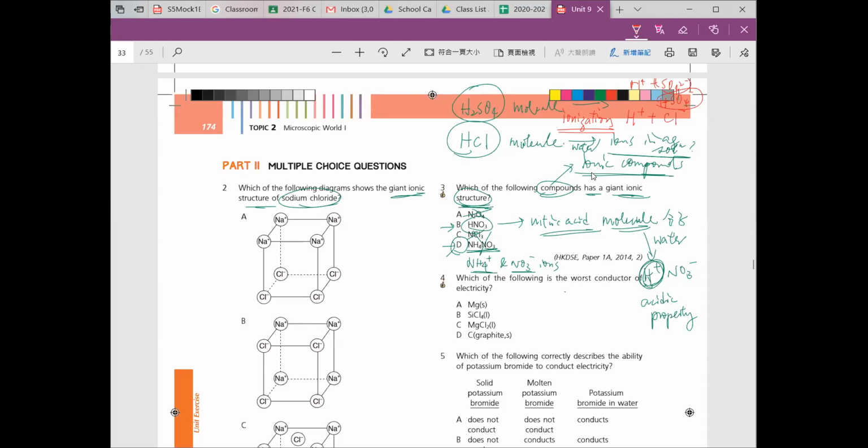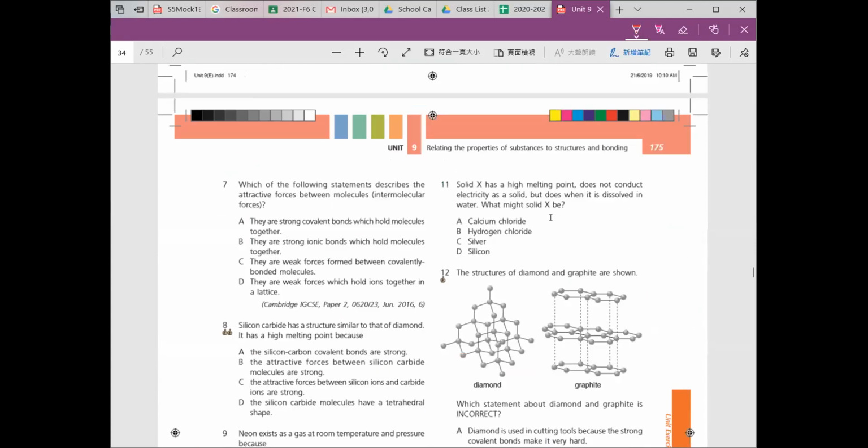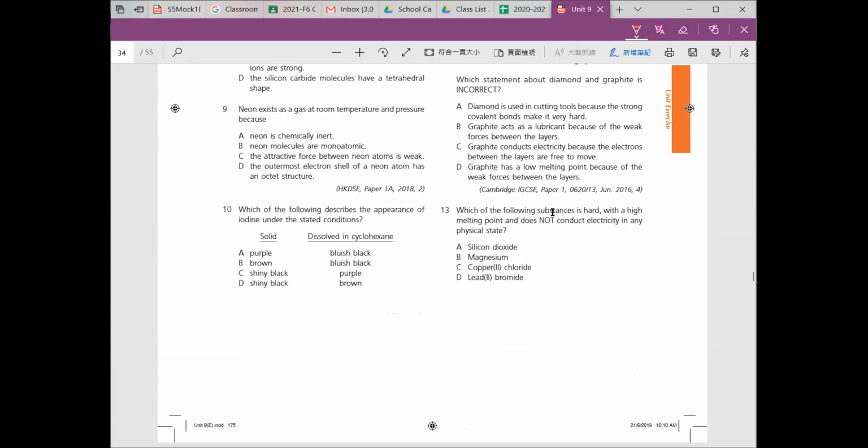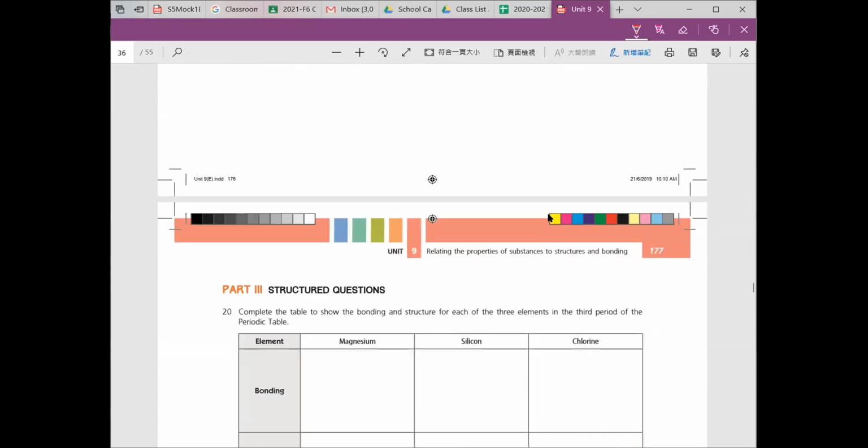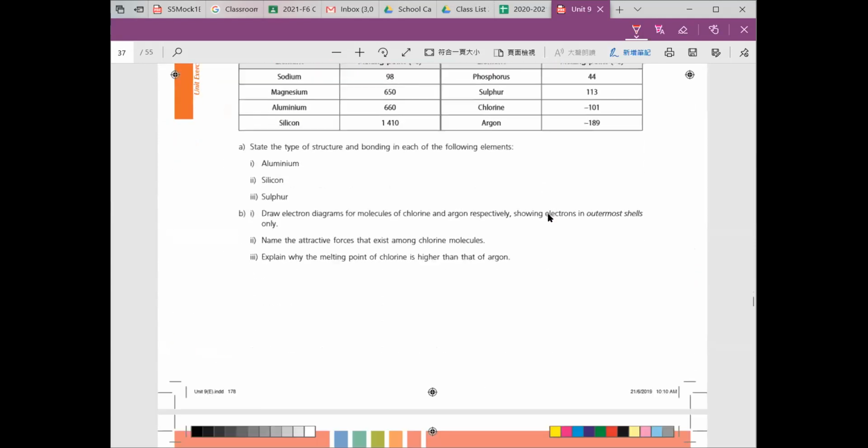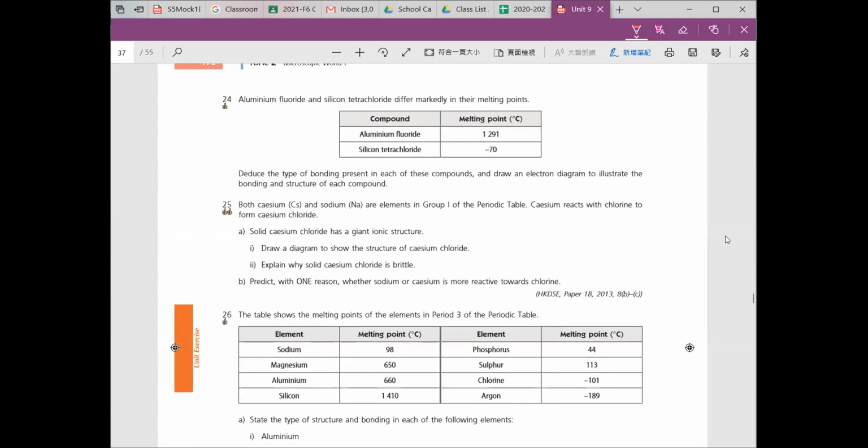Any questions? Now I would like to show you one more example before we come to the next structure. It is question 25. This is another example. You may find that it is in the ESE past paper 2013.